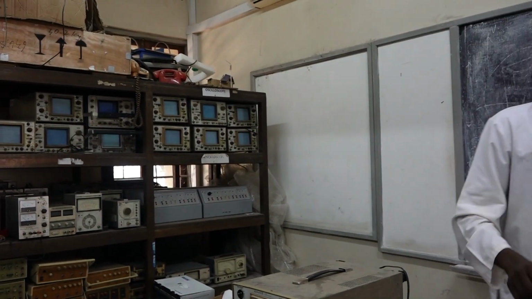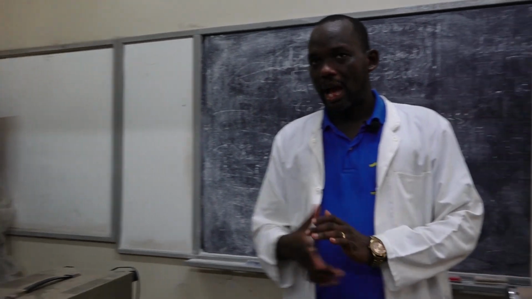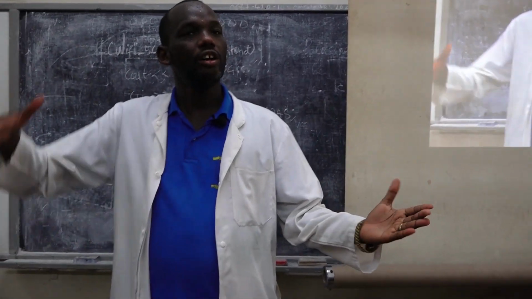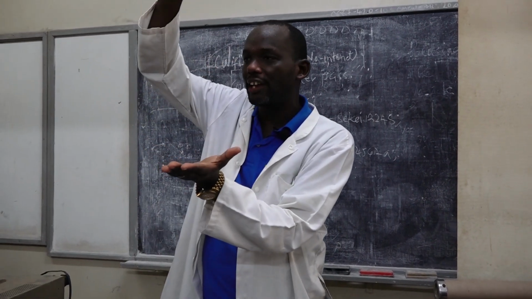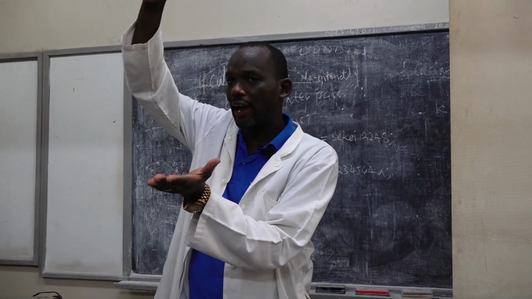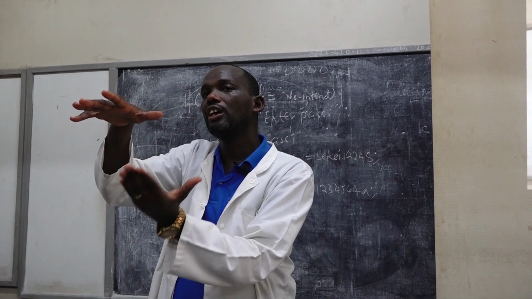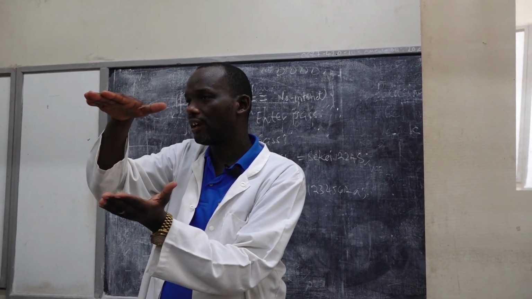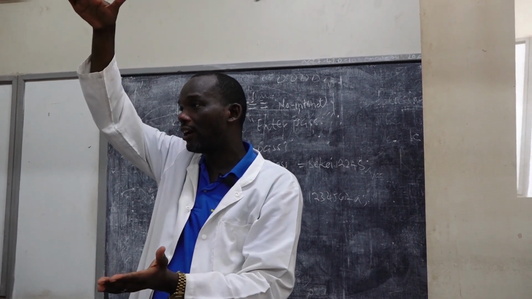Okay. So then, I'm going to change the leads and measure now. Remember that this center tap step down transformer has 3 wires. Before, I measured between the first wire and the second wire. Now I'm going to measure between the first wire and the third wire.